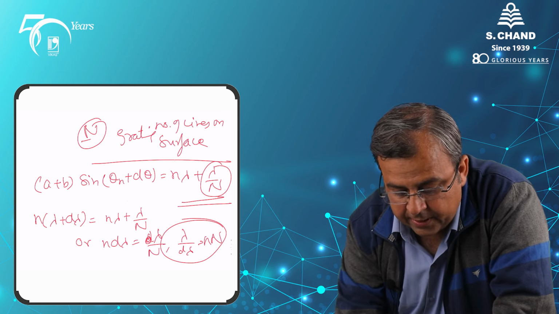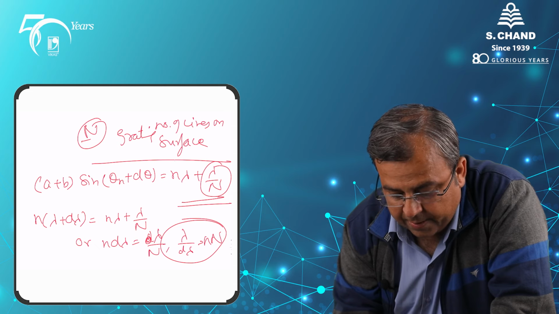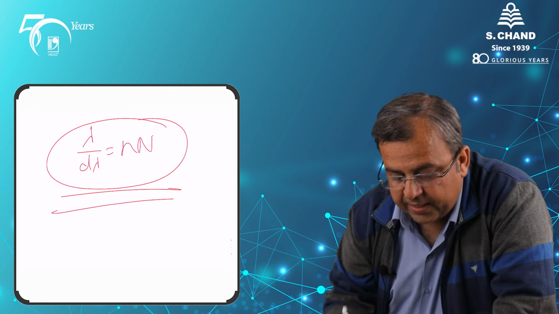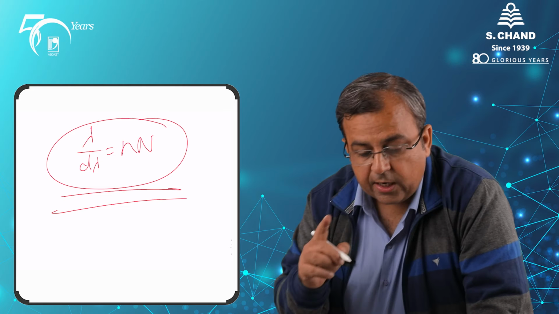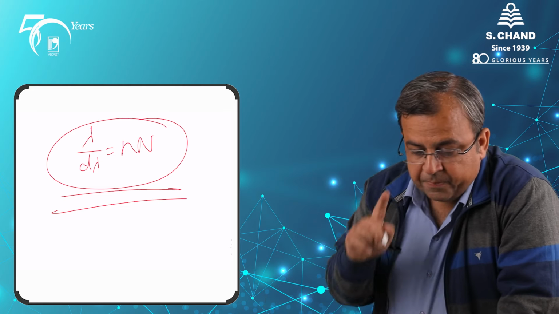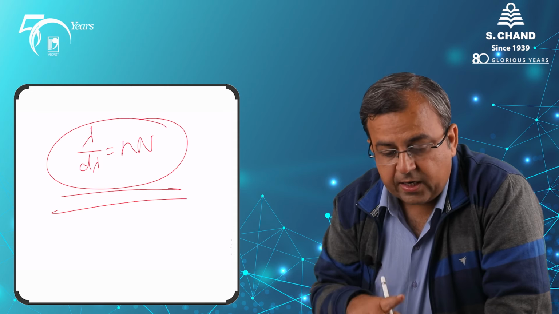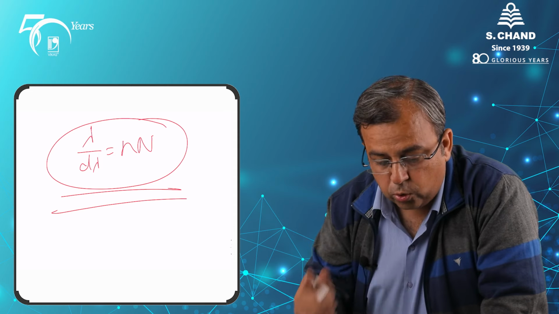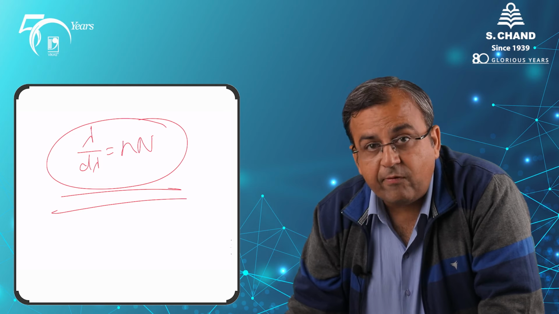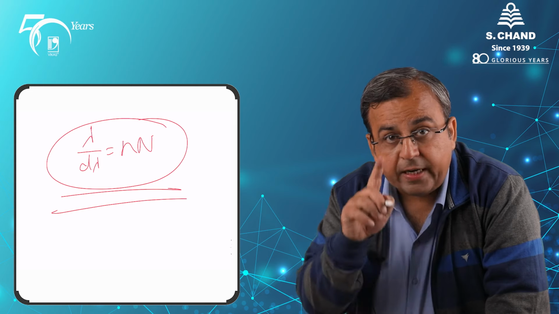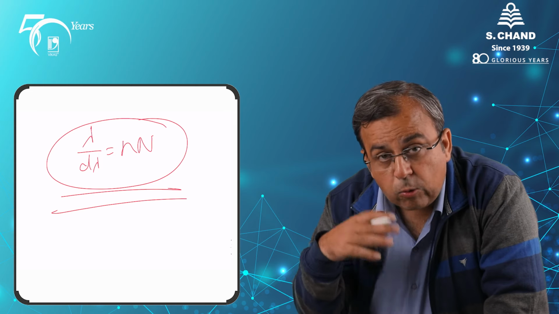When lambda upon d lambda is equal to n into capital N, the resolving power is directly proportional to the order of the spectrum and directly proportional to the total number of lines on the grating surface. So for a given grating, I'm going to conclude it in that way.